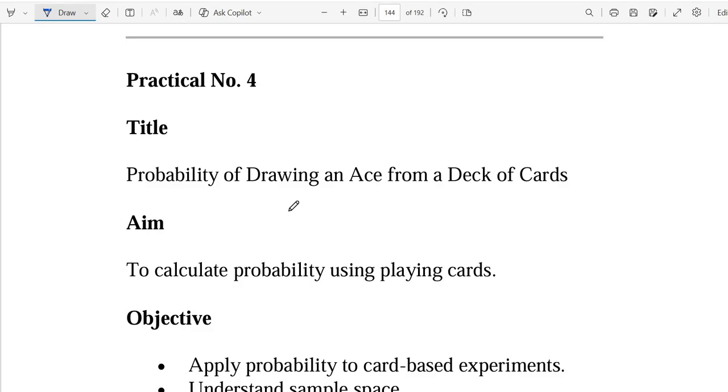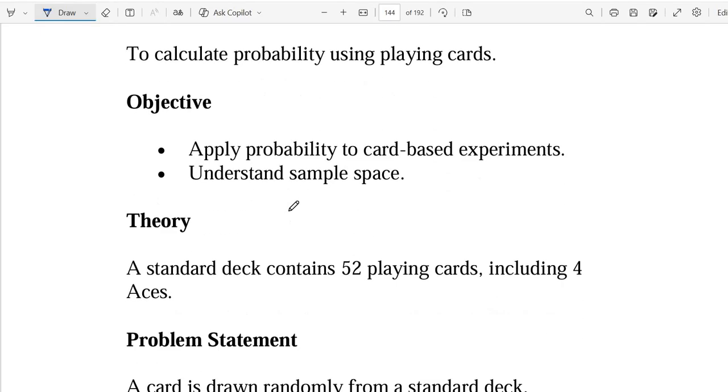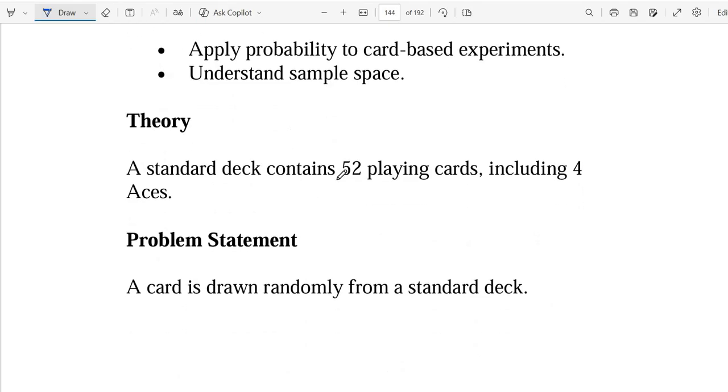Now practical number 4. We want to draw an ace from a deck of cards. Suppose we are playing cards and we have to draw the ace. So first see how many cards there are in the playing cards. There are a total of 52 playing cards, in which 4 cards are aces.